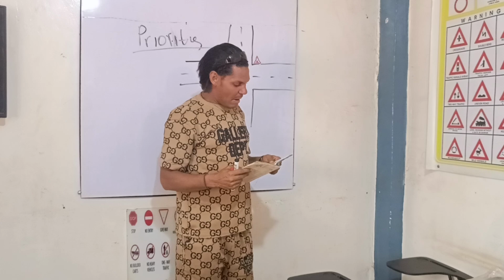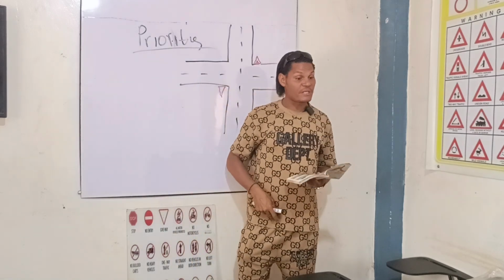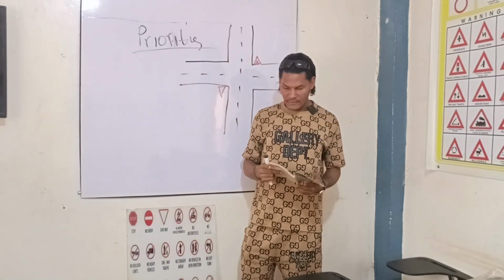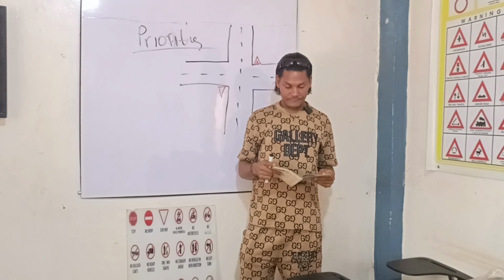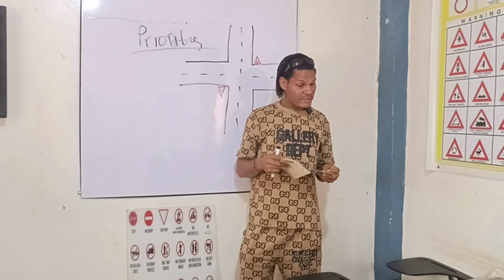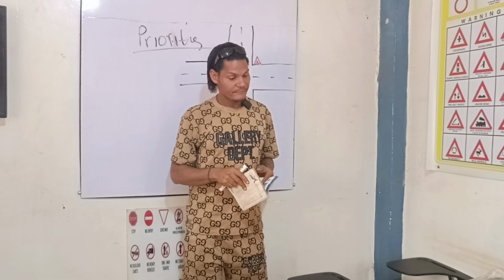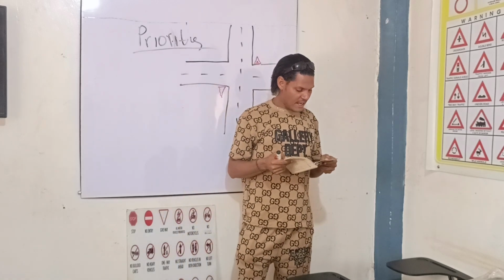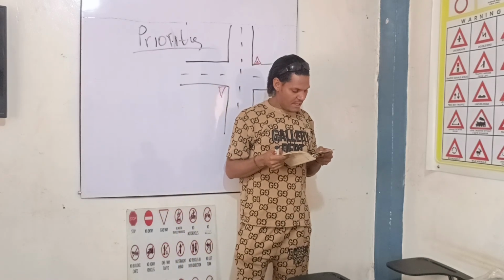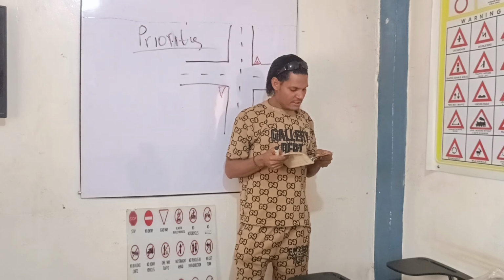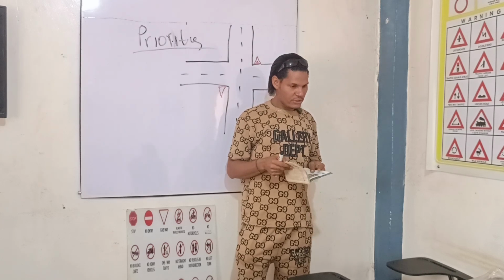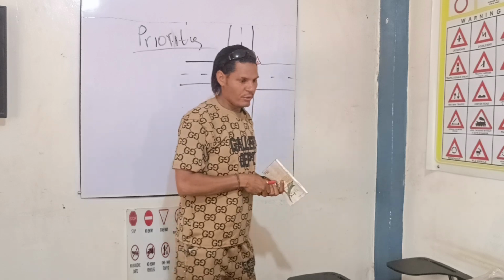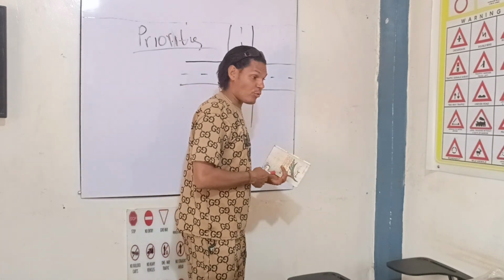Now we have here, they're talking about the stop sign. We talked about the stop sign in our previous class. The stop sign, we all know our stop sign, right? It says here that the stop sign may be supplemented by a solid white line across your lane. We all remember what we talked about.